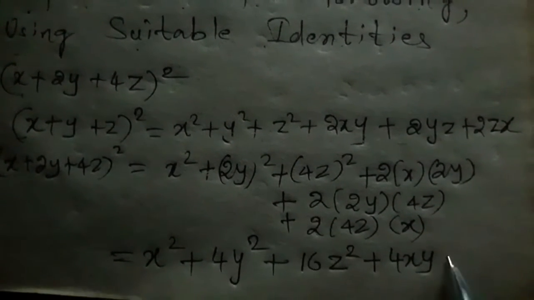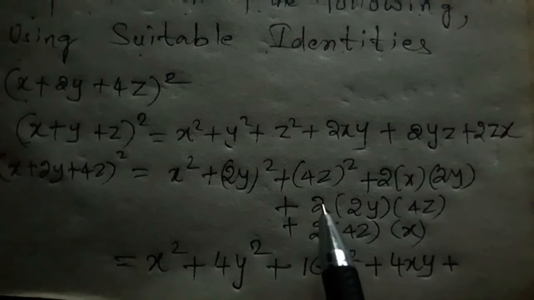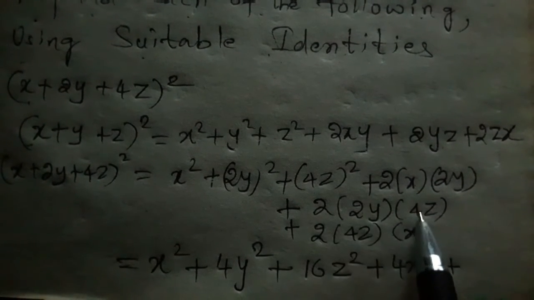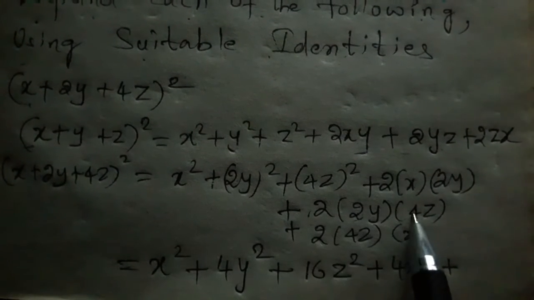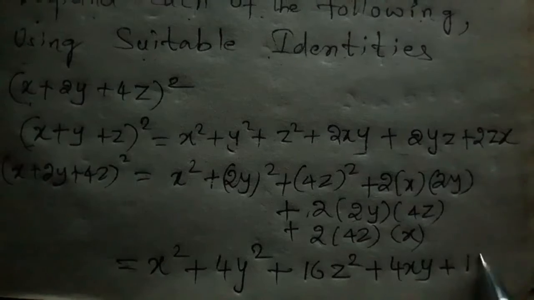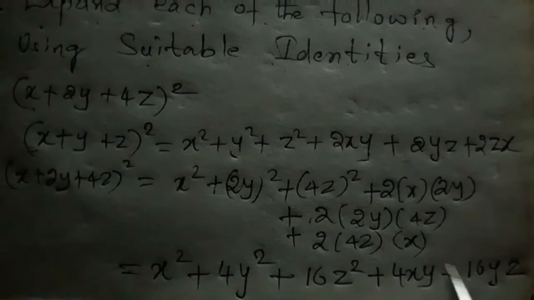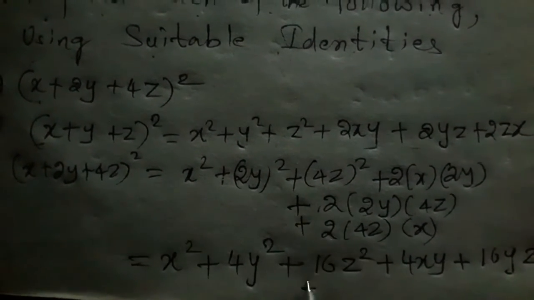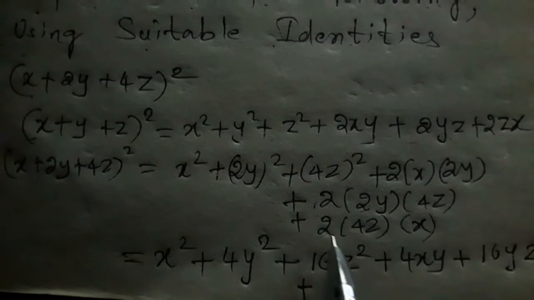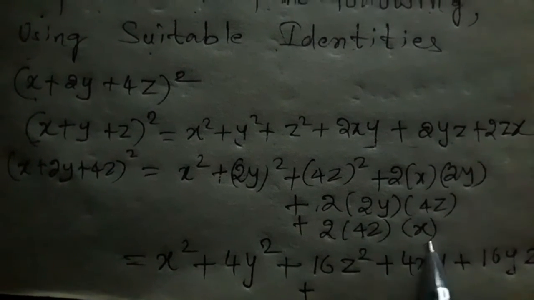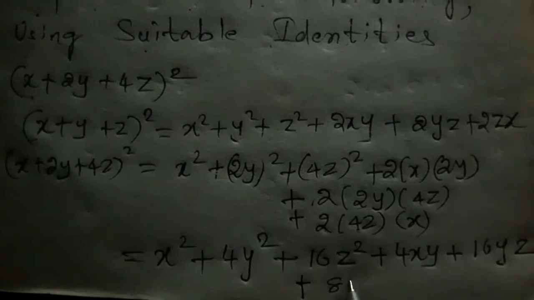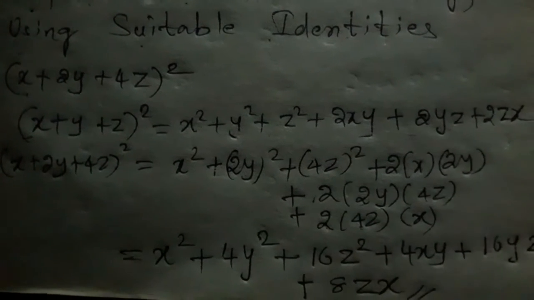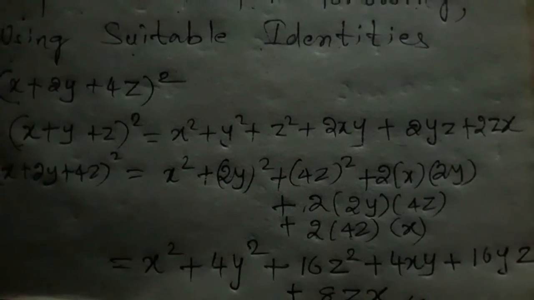Plus 2 into 2y into 4z, that is 16yz. And next plus 2 into 4 is 8zx. This is the answer of the given question.